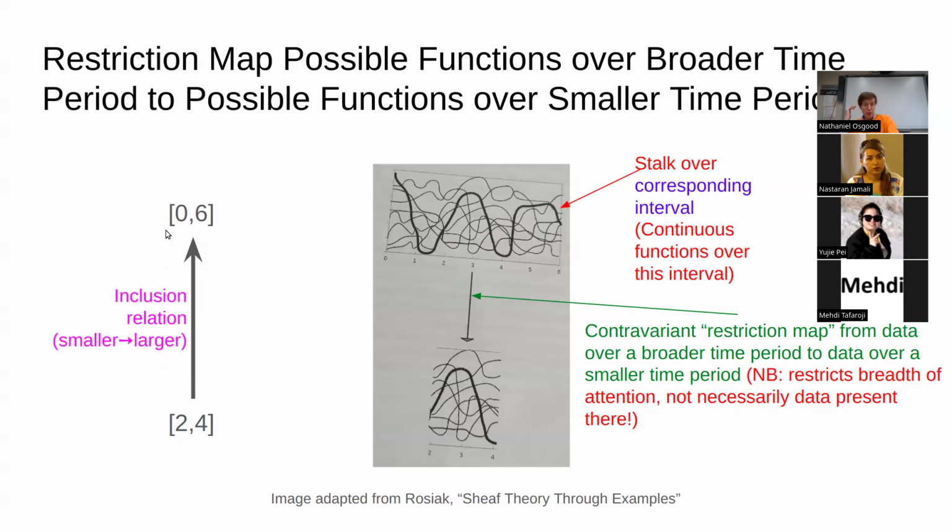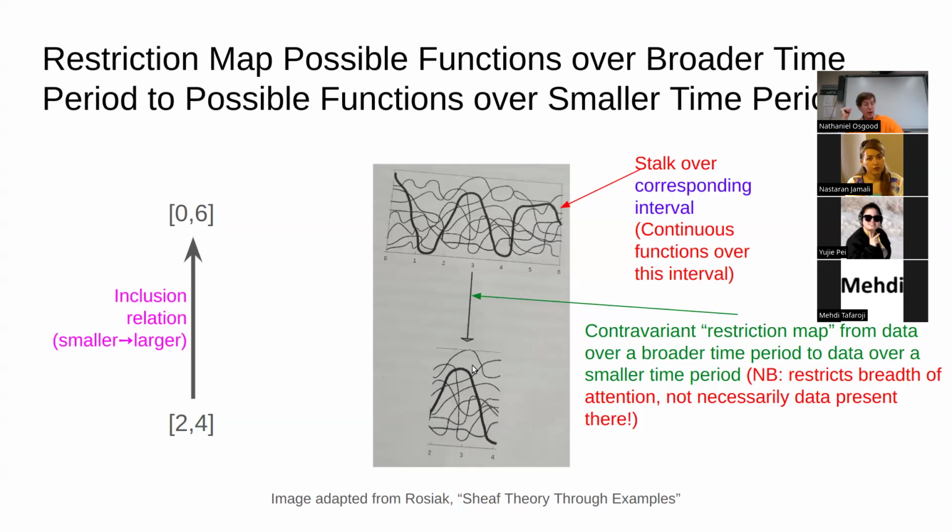We'll use the term inclusion relation from a smaller subpiece to a larger piece of which it is a subpiece. And what I want to draw your attention to here is that within this example, there's this relating of the continuous functions over a broader time period to those over a smaller time period.